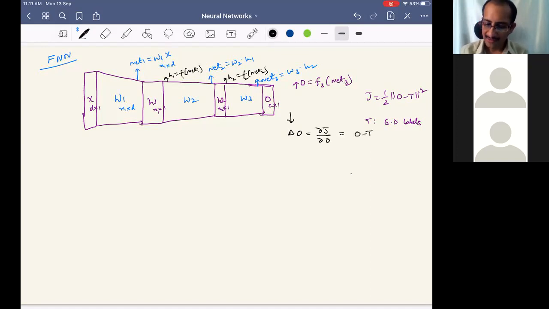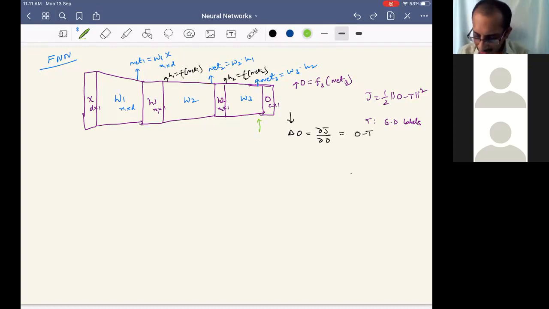Now let us come here. We want to write local gradients. From here on, writing the global, overall gradient is difficult, so we write only local gradients.